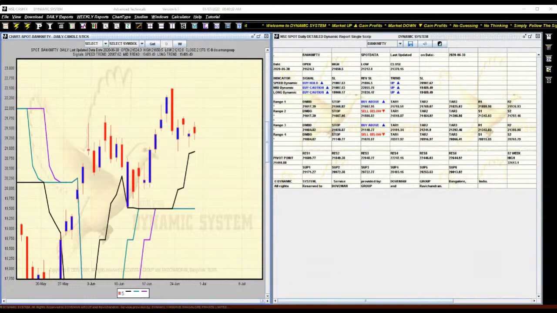Now, as Mr. Badresh has asked, I'm going to tell you about Reliance as per the dynamic system level 2 trading method. All right, so this is Reliance here.